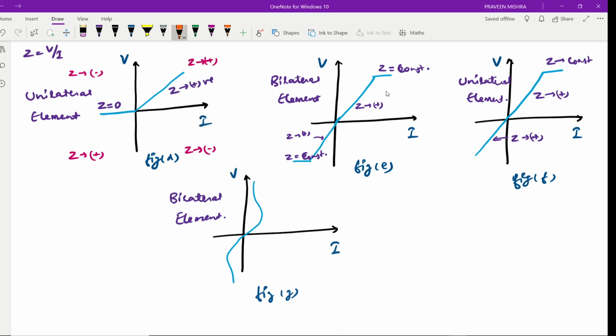If you want to know the linear and non-linear, that is how you can classify it. An element is said to be linear if its characteristic is a straight line passing through the origin. That's why it is not following the statement, so it will be non-linear.